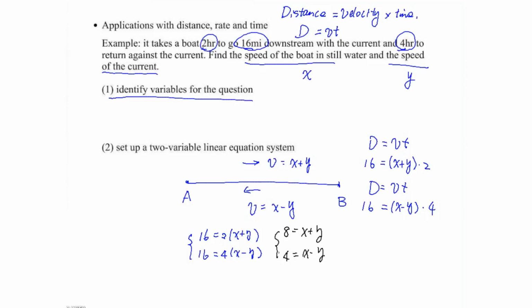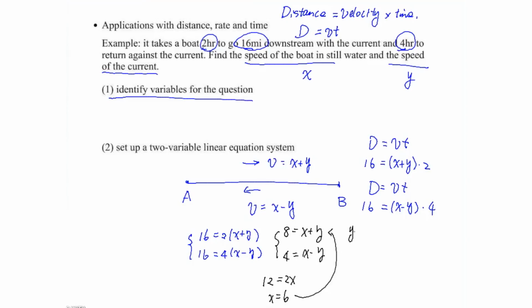After simplification, I can solve by elimination because I notice here I have plus y, and this is negative y. So I add the 2 equations together. I'm going to have 12 equals 2x, because y would be eliminated. This gives me x equals 6. After I find 6, I only need to plug back into any of them.